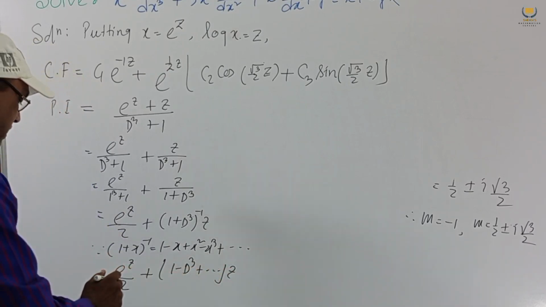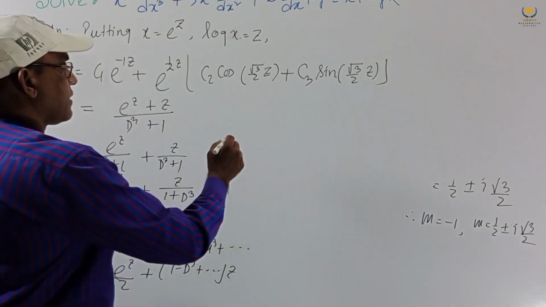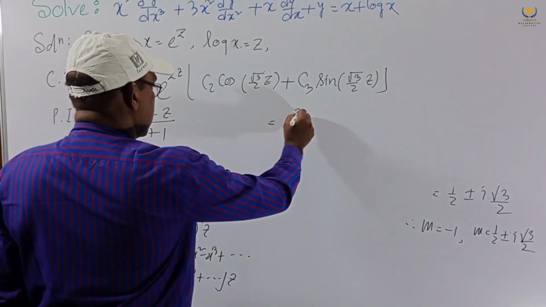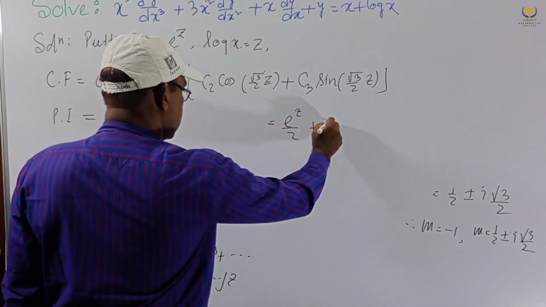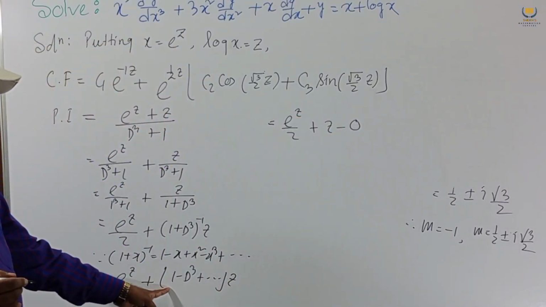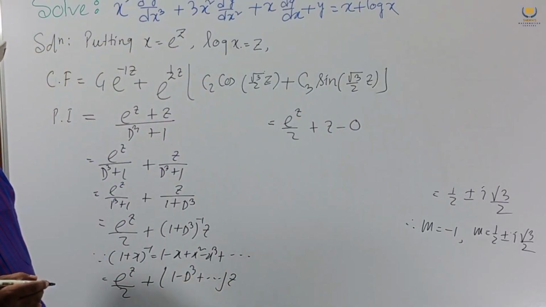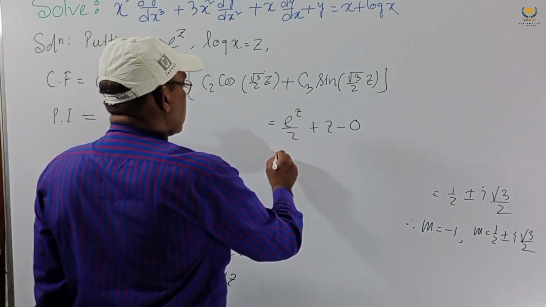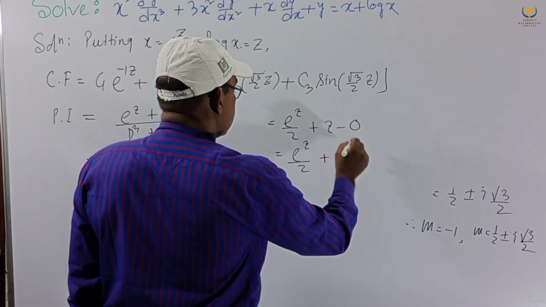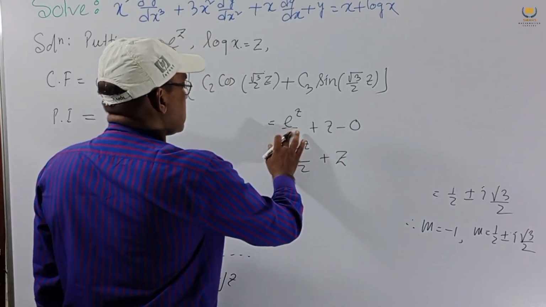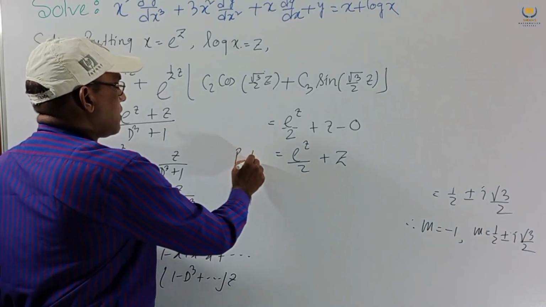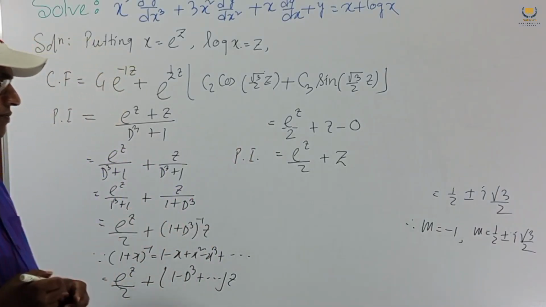Multiplying, we get e to the power z by 2, plus z minus 0, since D cube z is 0. So we get e to the power z by 2 plus z. This is our particular integral.